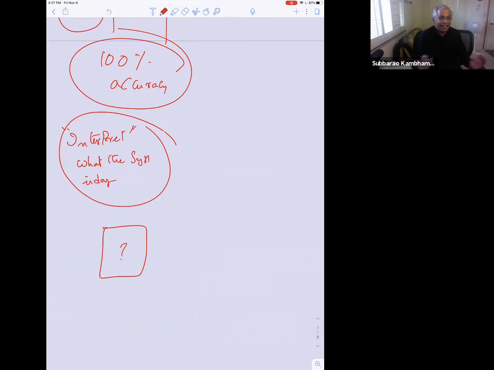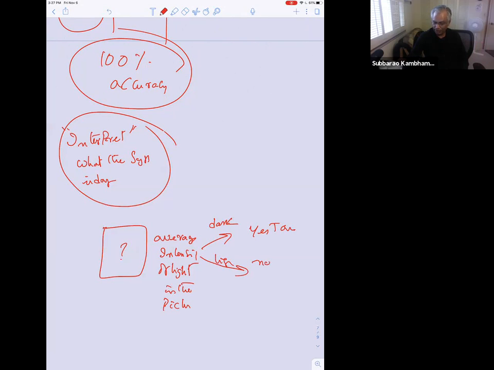Average intensity of light in the picture. That means, is the picture bright or dark? And that's the only question it was asking. Basically it was saying, dark, yes, tanks. Light, no tanks.